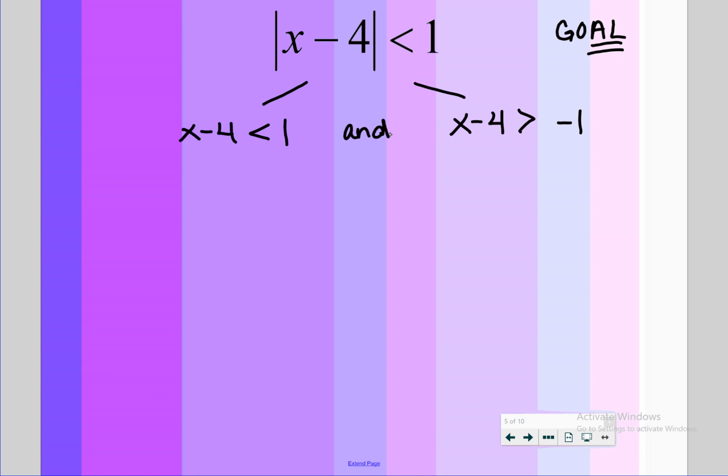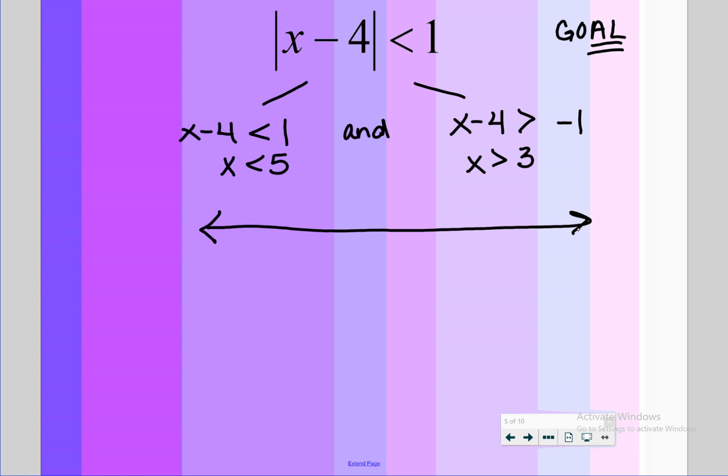All right, and this is like what we did on Friday last week. So we're going to solve each of these individually. In both of them, I just add 4. So x is less than 5, and if I add 4 over here, I get 3. Graphing it. Both of these are going to be parentheses because they're not equal to. So less than 5 would look like this.